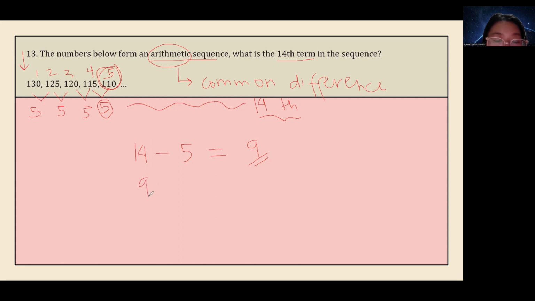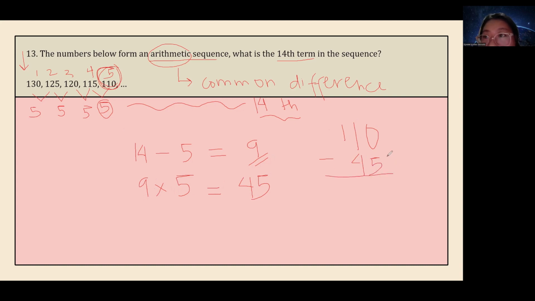So to multiply 9 sets of difference, we will get the total difference. So we just have to multiply by 5. So 9 times 5 is 45. Since we have the fifth term as our basis, we will have to subtract 110 minus 45 to get the 14th term.